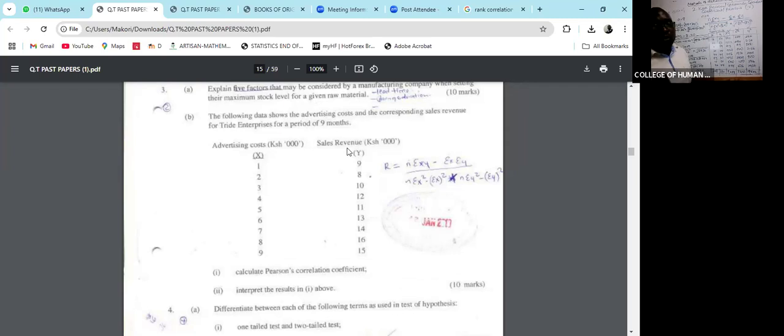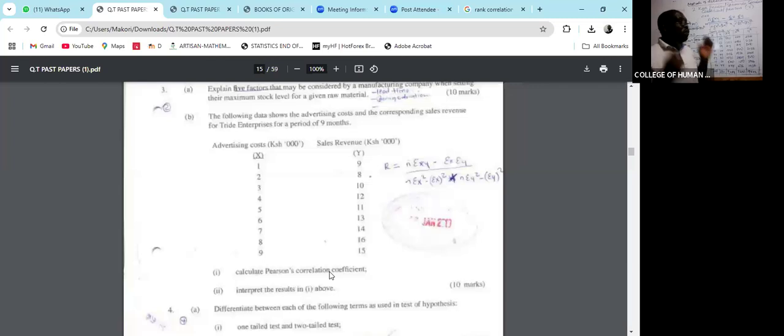The same procedure should be followed. Come up with this table. These are the X and this is the Y. Then you introduce XY, X squared, Y squared. Get the summations, put those summations in the formula. Then you proceed and calculate this correlation coefficient, and then you interpret the answer depending on what you will get.